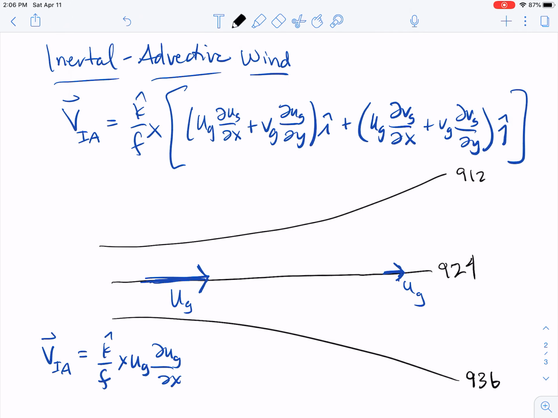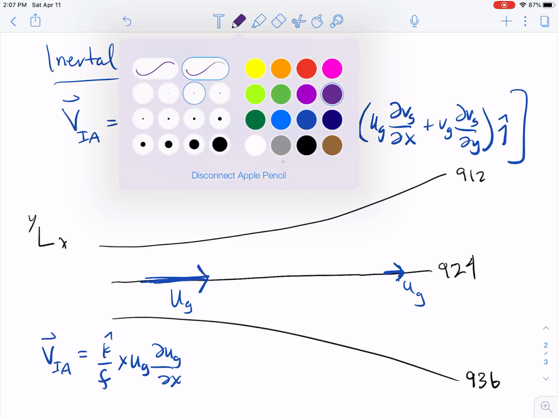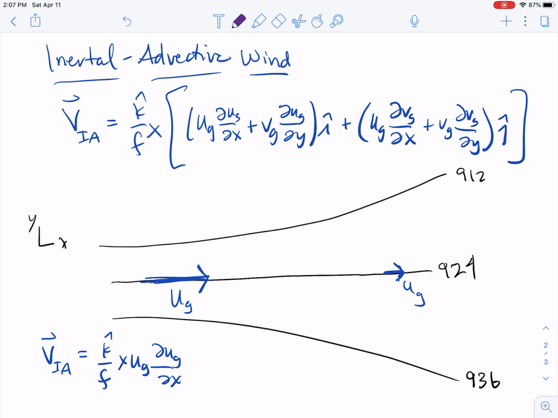Let me first indicate here our x and our y. With our u_g du_g/dx term, what's happening? u_g is decreasing as we go in the increasing x direction, times u_g, which is still positive, so that overall term is going to point back to the west.